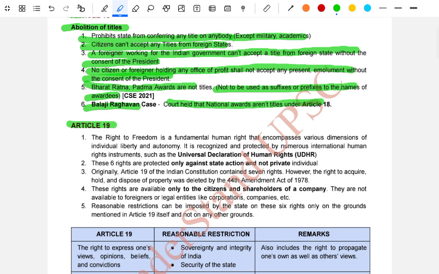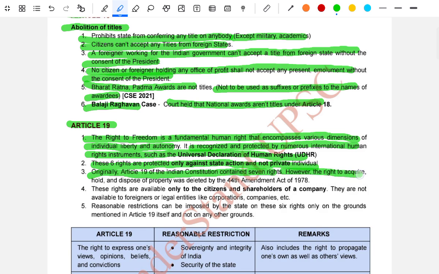Article 19. First, the right to freedom is a fundamental human right that encompasses various dimensions of individual liberty and autonomy. It is recognized and protected in numerous international human rights instruments such as the Universal Declaration of Human Rights. Second, these six rights are protected only against state action and not against private individuals. Originally, Article 19 of the Indian Constitution contained seven rights.